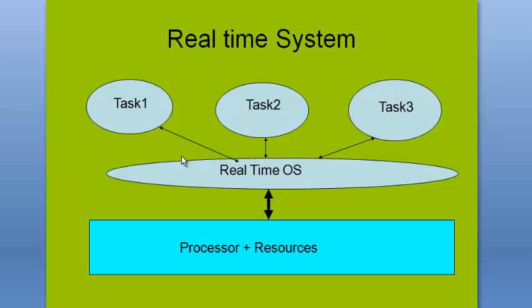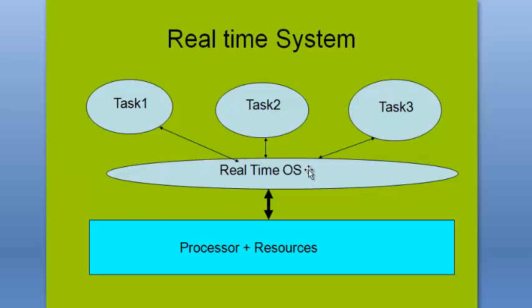The others are like a user interface and file management. These things are normally not supported in a real-time operating system. General purpose operating systems like Windows and Linux provide all this UI interface, file management and a lot of other features. Even embedded operating systems like Android and Windows CE also provide all those interfaces.